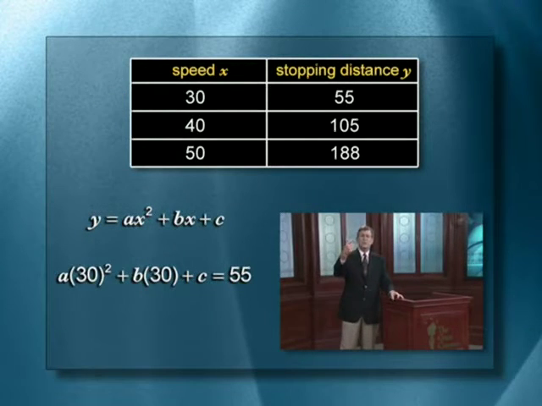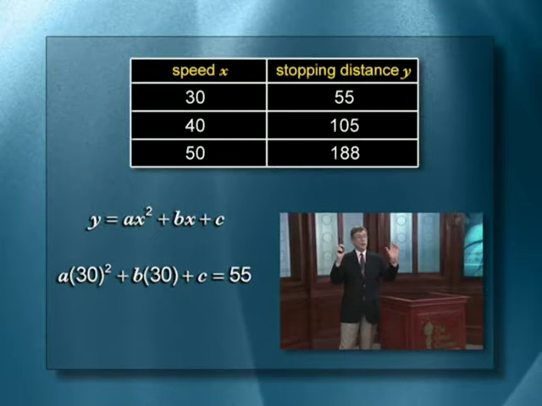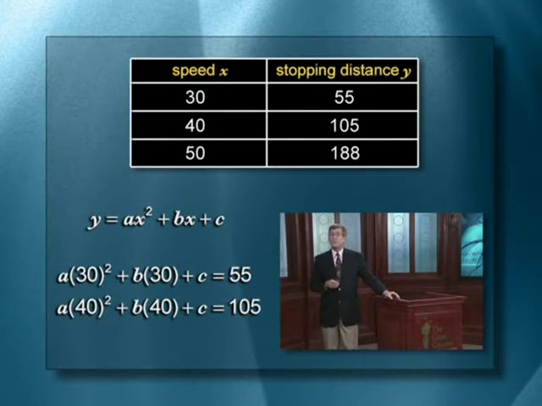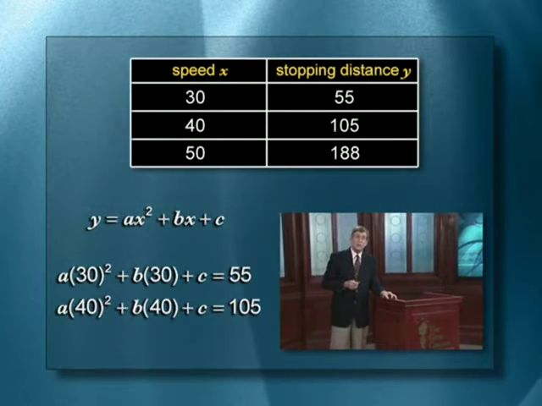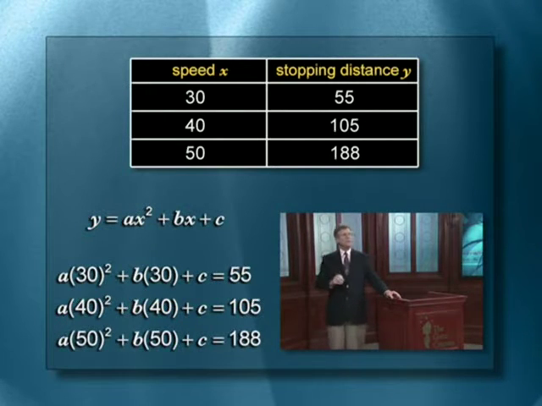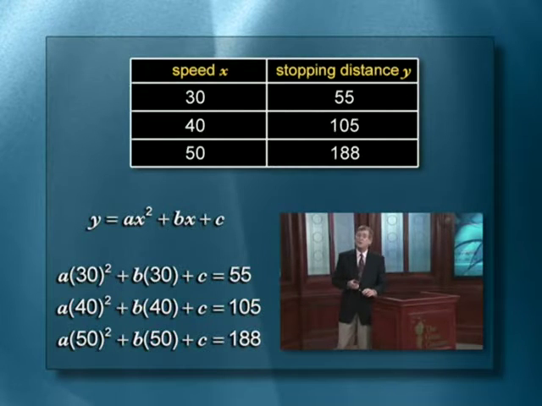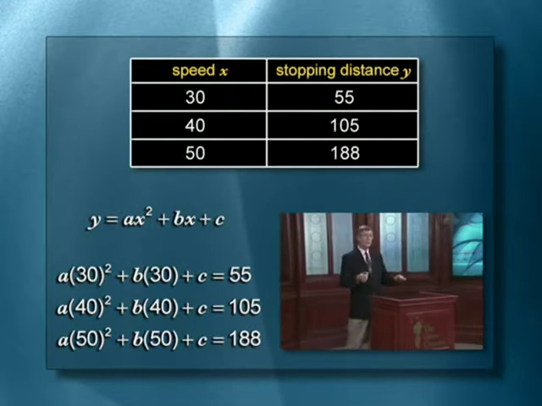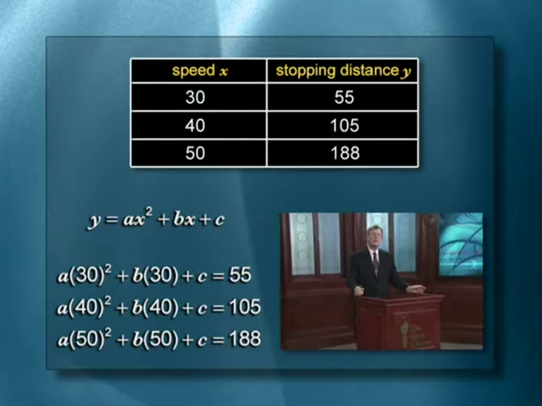And then you plug in the second and third equations. You get a times 40 squared plus b times 40 plus c equals 105, and finally a times 50 squared plus b times 50 plus c equals 188. So we have three equations, three unknowns.